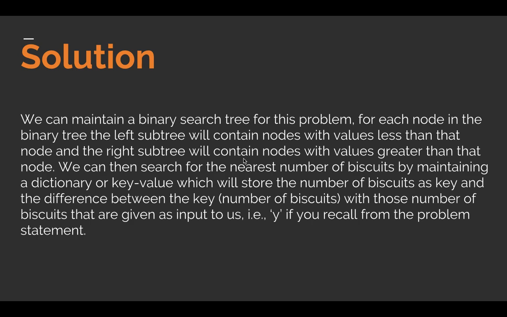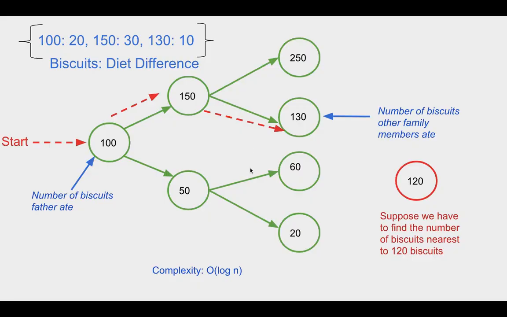So now, to find the number of biscuits which are nearest to the input biscuits, we will search for that biscuit. Let's get to the next slide that will make it clearer.